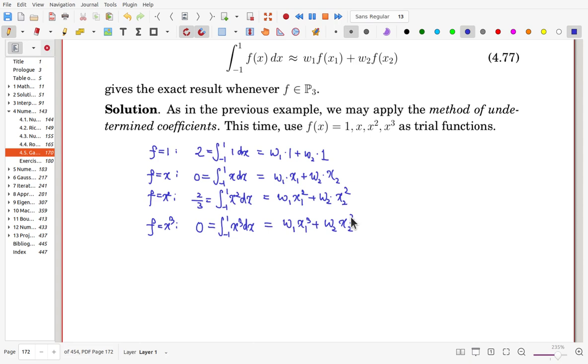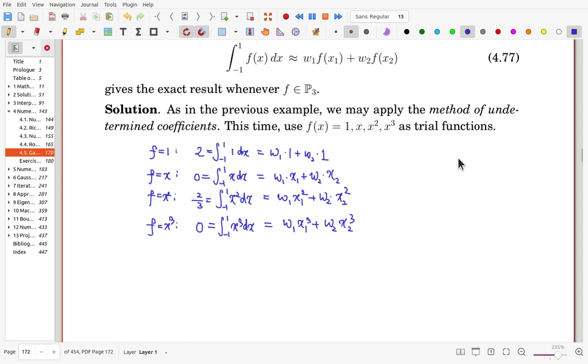This is nonlinear, so in general, for a nonlinear system, the uniqueness of the solution is not guaranteed. But for this problem the values are real, and we exclude complex-valued solutions. Also, if we use symmetry, then we can find a unique solution.